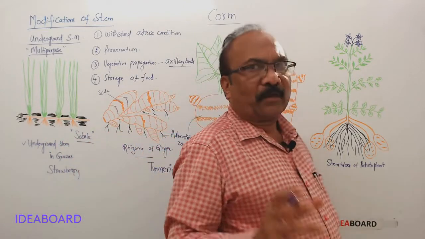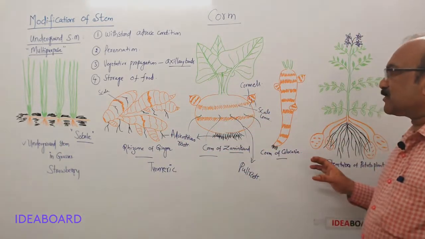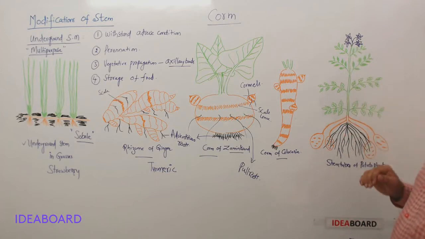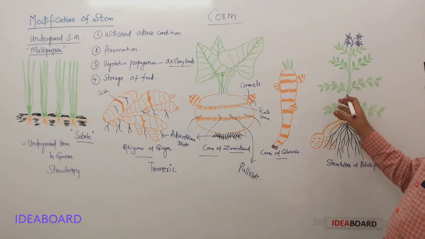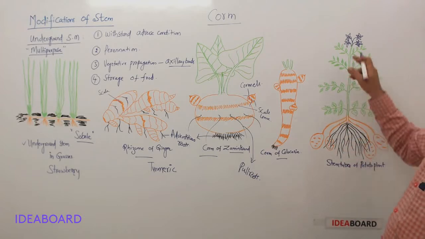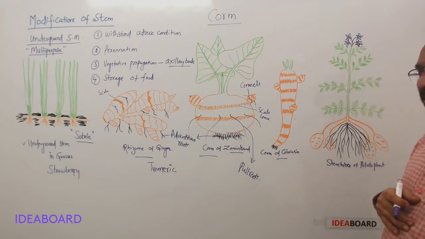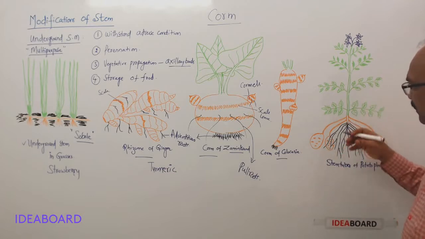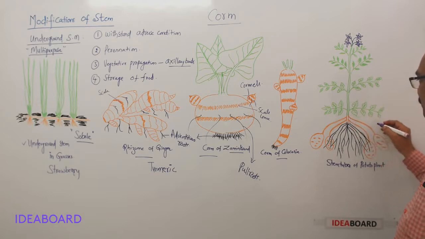Now, everyone is familiar with potato, but I'm not sure that all have observed the potato plant. The potato plant will appear like this. It has a normal stem and branches with leaves, and I'm showing that it is even producing flowers. Remember that the underground part of the stem will produce some branches.